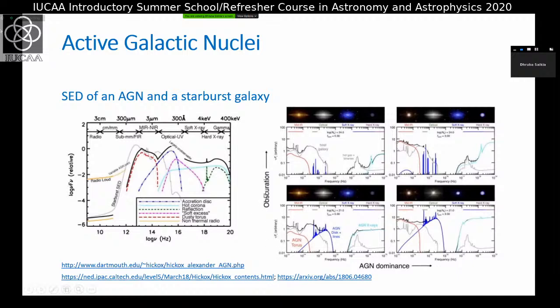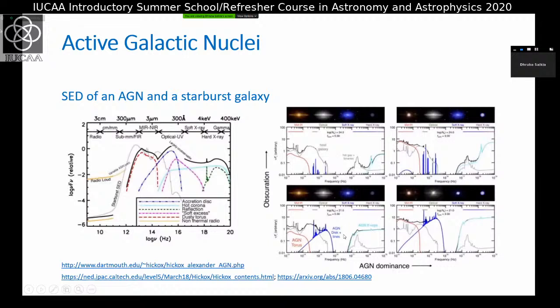This figure shows you, on the y-axis, the obscuration increases. Obscuration means basically absorption of the radiation, and hydrogen column density is what is given over here. So this is log of NH, 10 to the power of 21 per centimeter squared, and this is 24. And on this axis, the AGN dominance increases, 0.3 here and 3 over here.